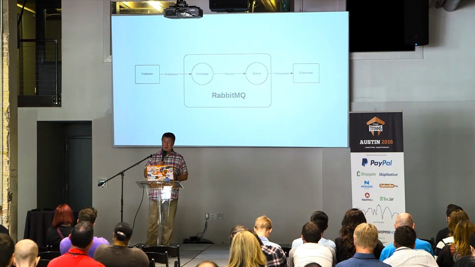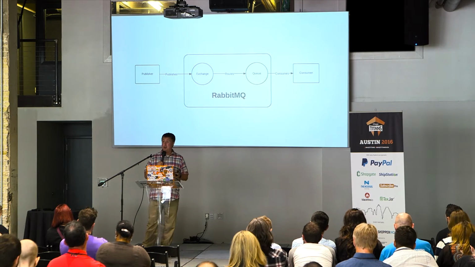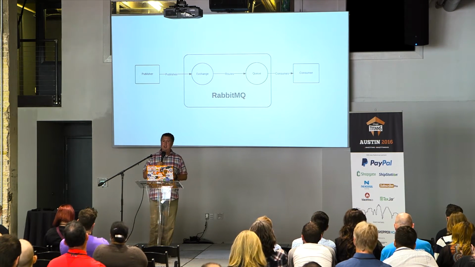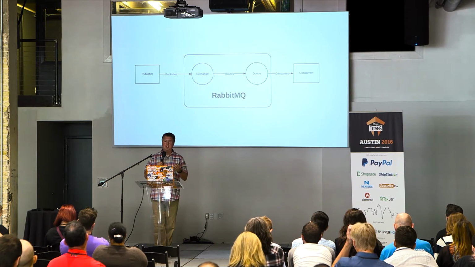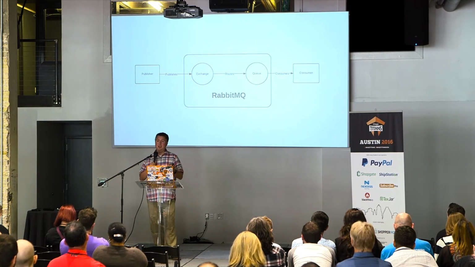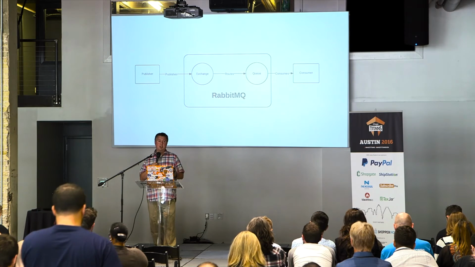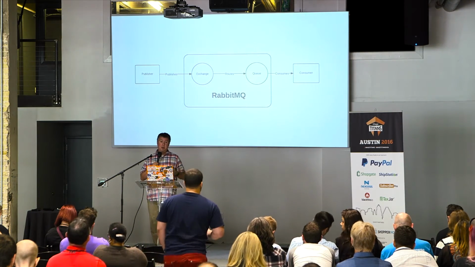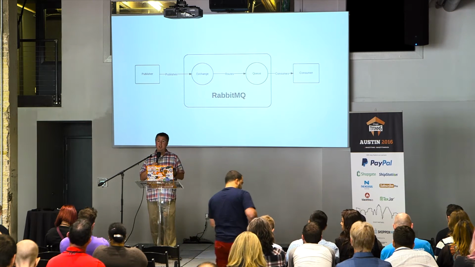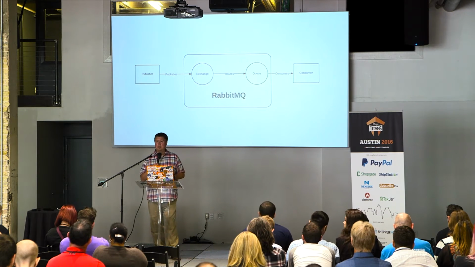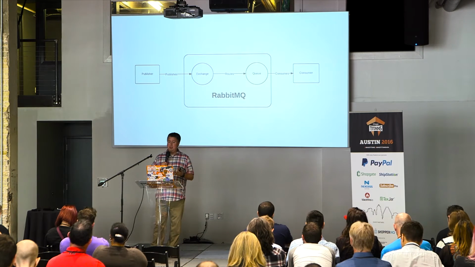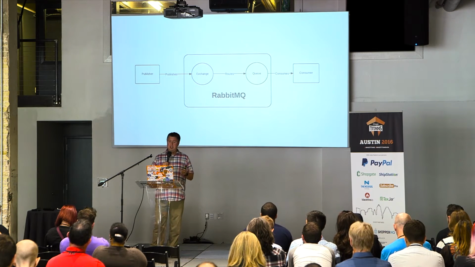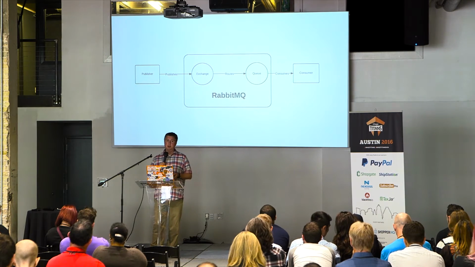On a more serious level, this is what those tubes look like in RabbitMQ. You have a publisher. That's just the piece of software that is generating the message that it's giving to RabbitMQ. In the example I'm going to show, the publisher is Magento. Magento is creating a message and publishing it out into RabbitMQ. Within RabbitMQ itself, there's an exchange that then routes the message to a queue.